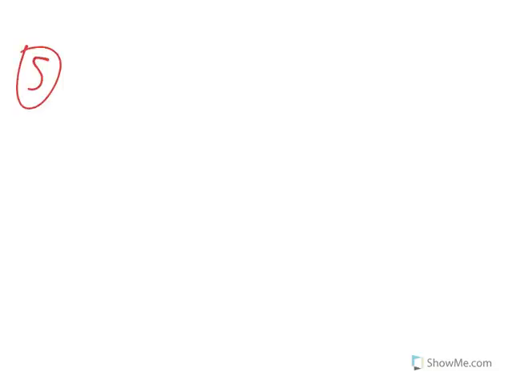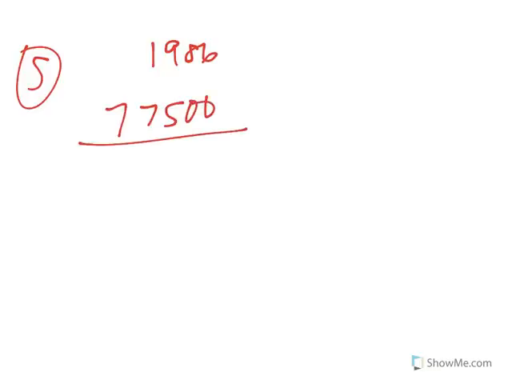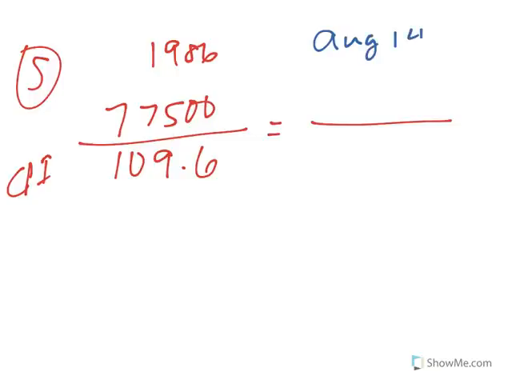So number 5, house in the burbs. So we're in 1986, and in the burbs it was worth $77.5. Well, in 1986, the CPI was 109.6. Okay, what year are we comparing to? It says August 2014.